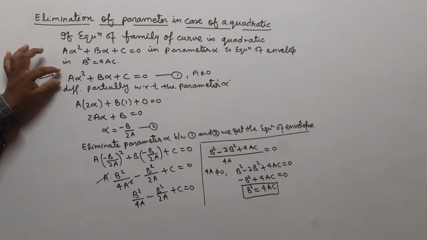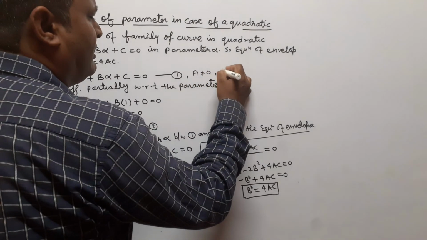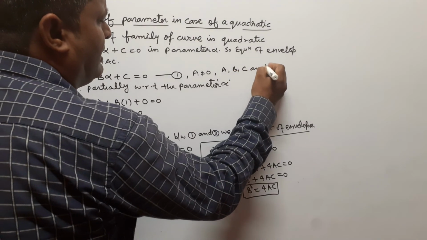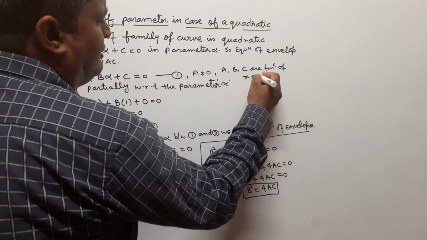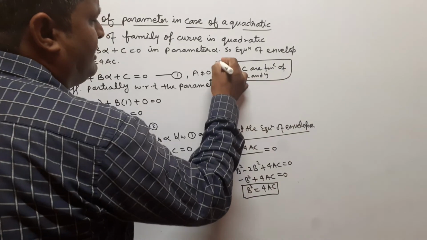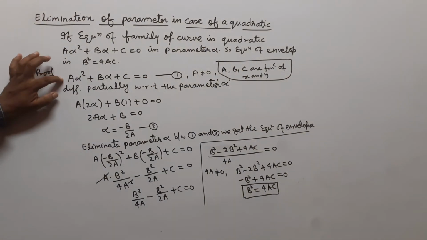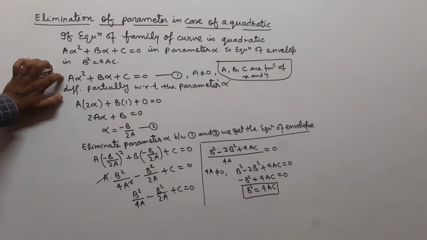You can see this is the equation of a family of curves in parameter alpha, which is quadratic in parameter alpha, that is a alpha square plus b alpha plus c equal to 0, where a, b, c are functions of x and y.